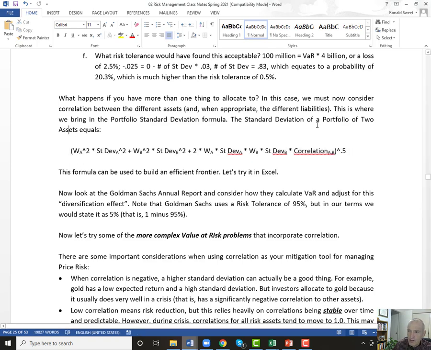So let's just look at two things. Let's say all JP Morgan had was interest rate risk and stock market risk. How would they figure out the combined risk of those two things?